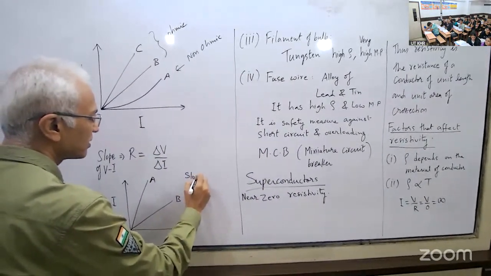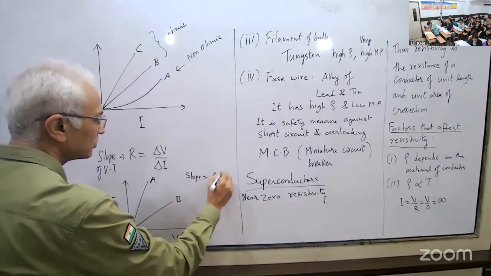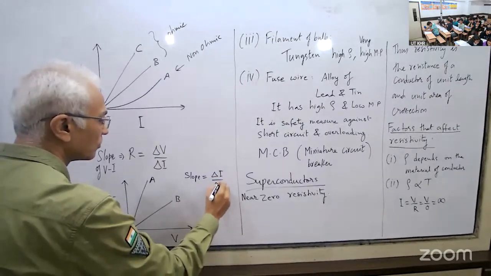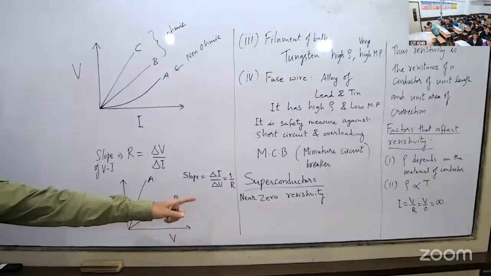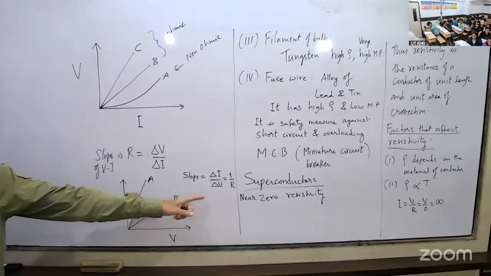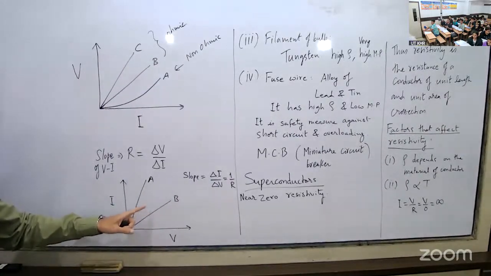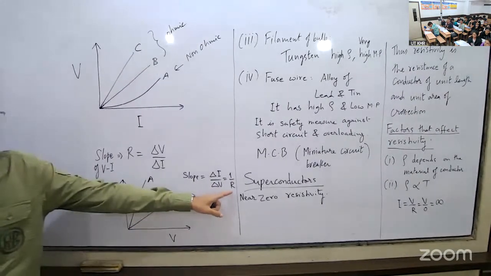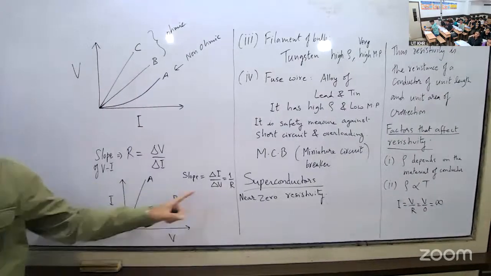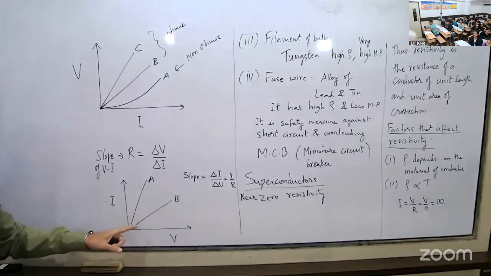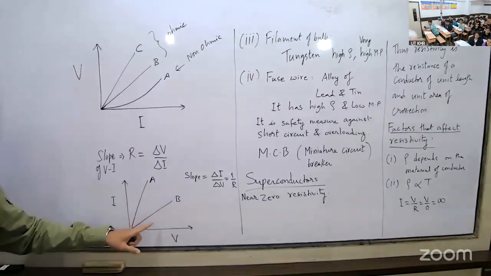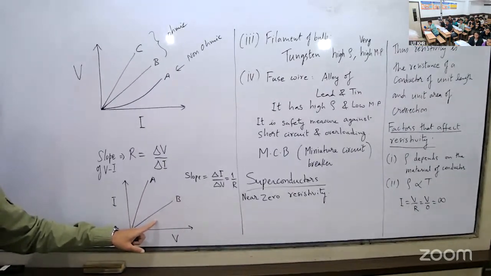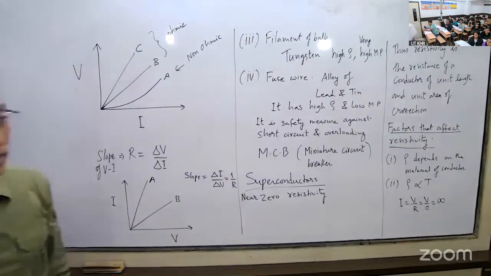Slope in this case is reciprocal of R. So less slope will mean high resistance. So B has high resistance, less slope. Is that clear? So B is correct in this case.